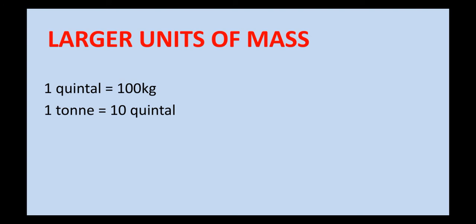So they will be selling off huge quantities of rice and huge quantities of coal. So in such a case, small units cannot be used. In such a case, larger units such as quintals and tons are used.